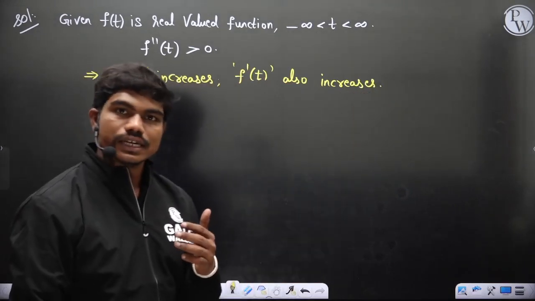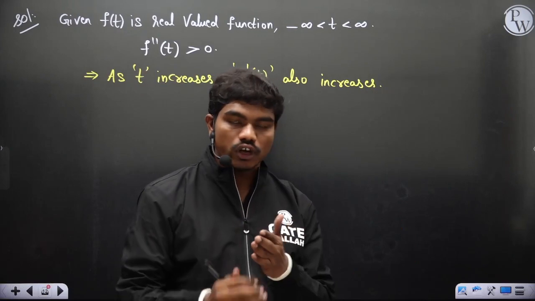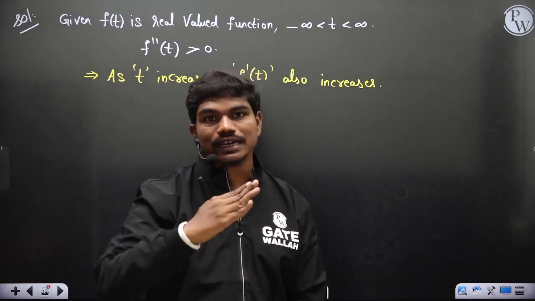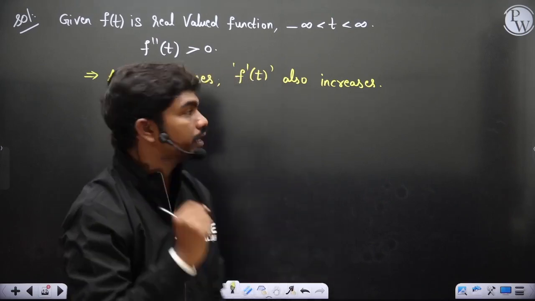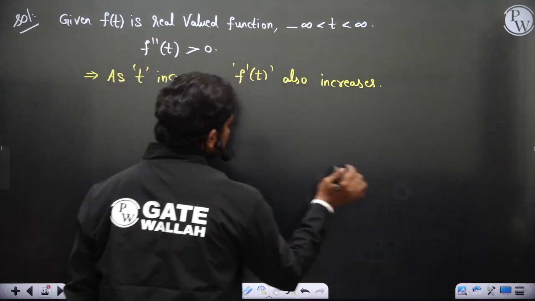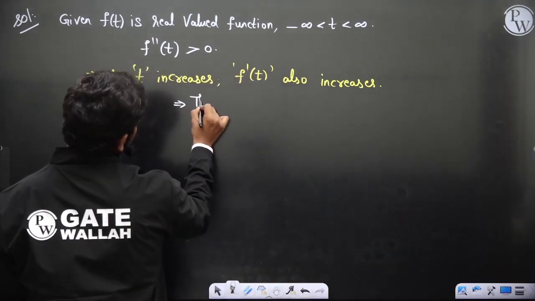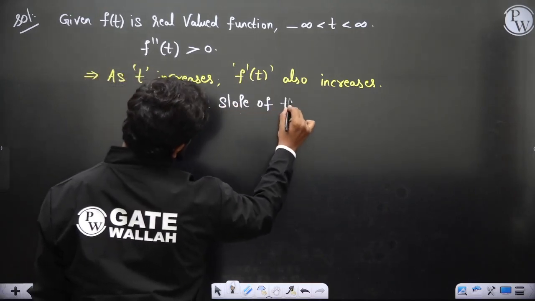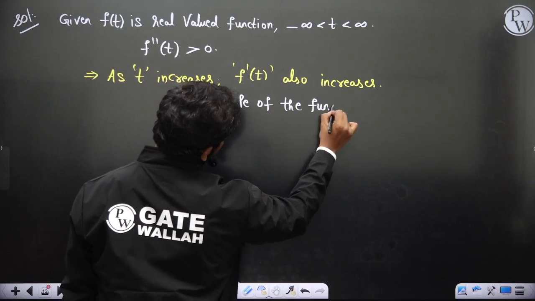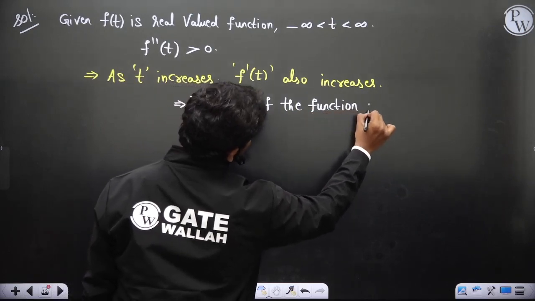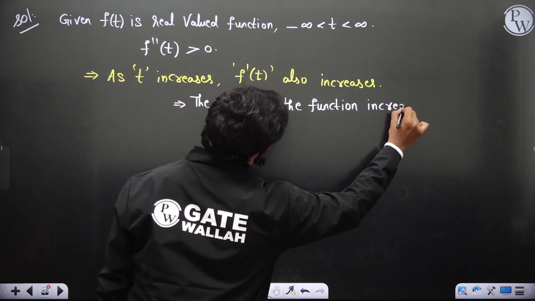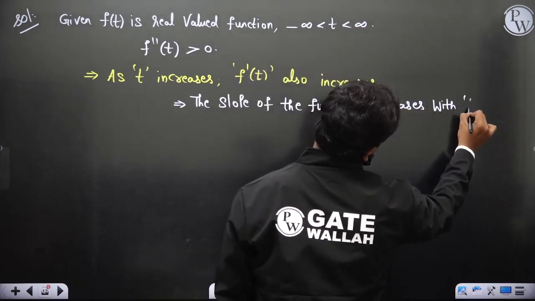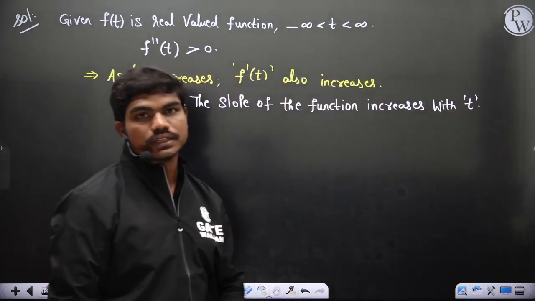So as t is increasing on the real axis of t, definitely the slope of the function also increases. So this implies the slope of the function increases with t, of course.